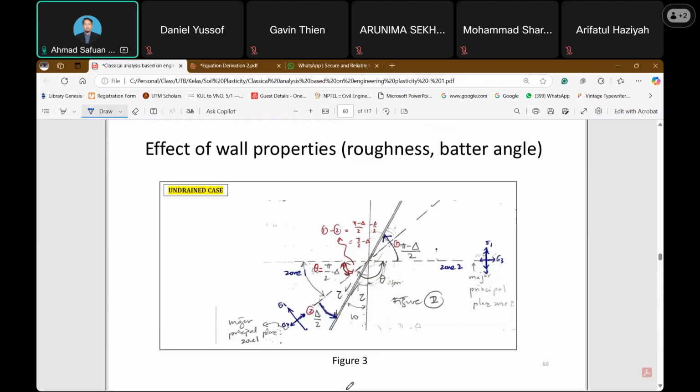So we have a major principal plane. This is the tau.